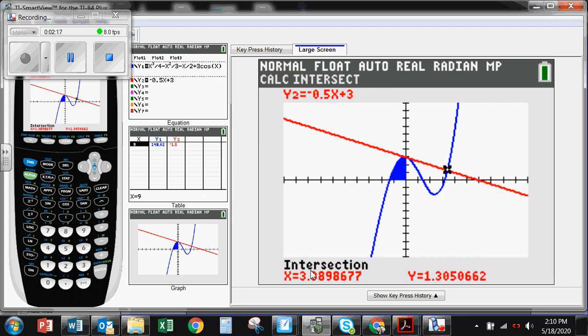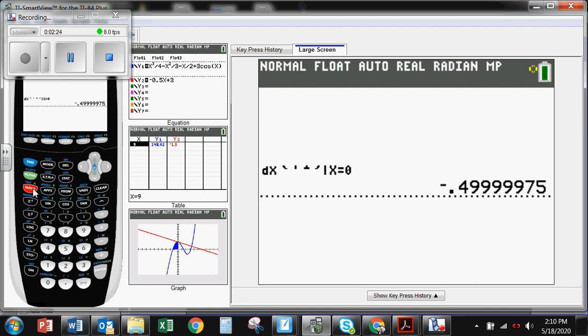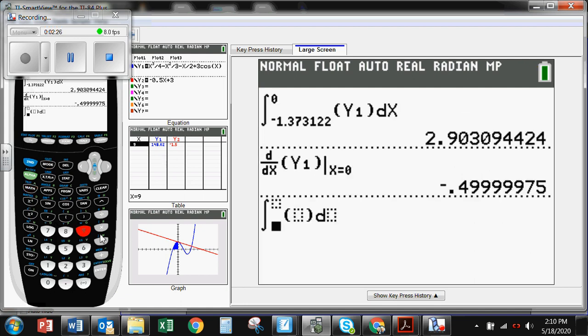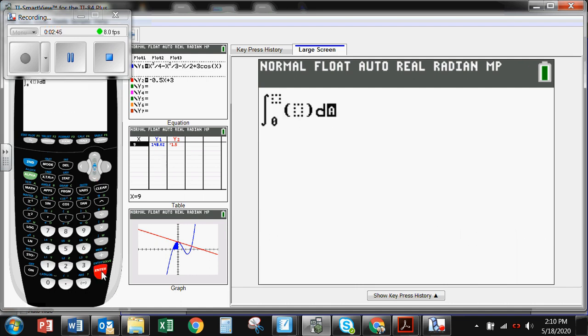So let's go to the home screen. Second quit. Now I want to do the math button, choice 9, and I'm going to go from 0 to 3.38986. Oh wait, I got an error. I skipped too far ahead. Sorry about that. Let's try it again.